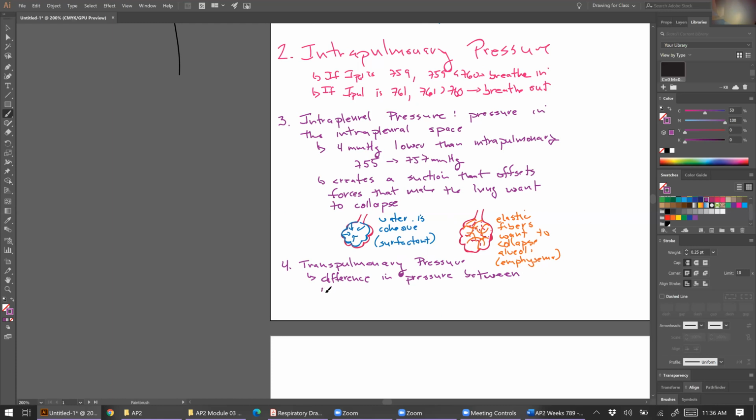Well, let's do intrapulmonary first. Intrapulmonary and intrapleural pressures. If trans equals 0, the lungs collapse. So normally it's 4.